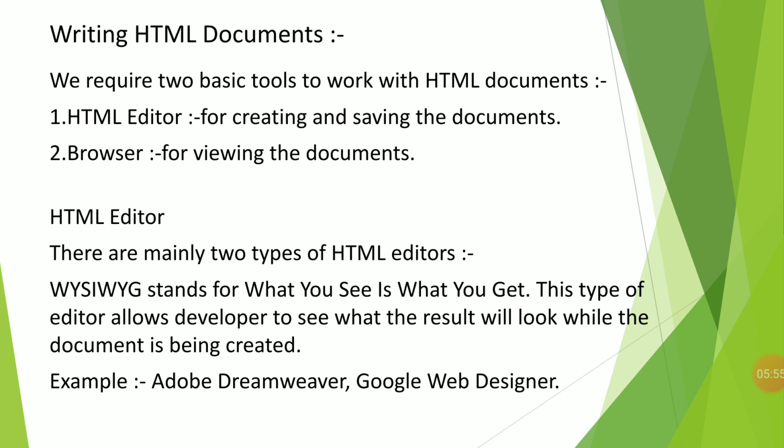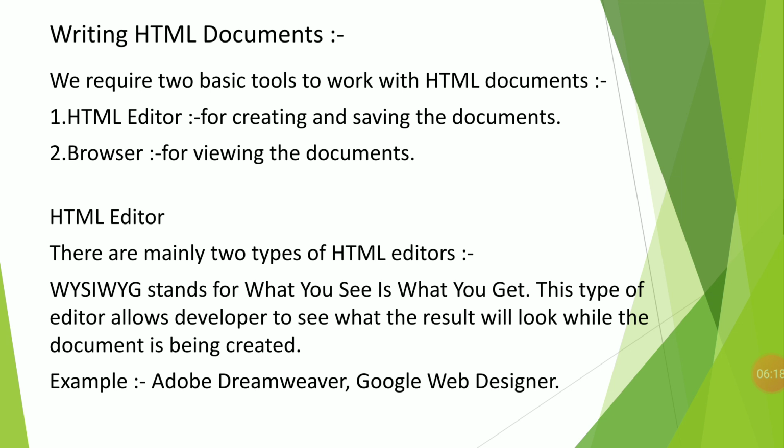The first editor is What You See Is What You Get. This type of web editor allows the developer to see what the result will look like while the document is being created. These editors provide various tools and graphics interface where the web pages are designed.